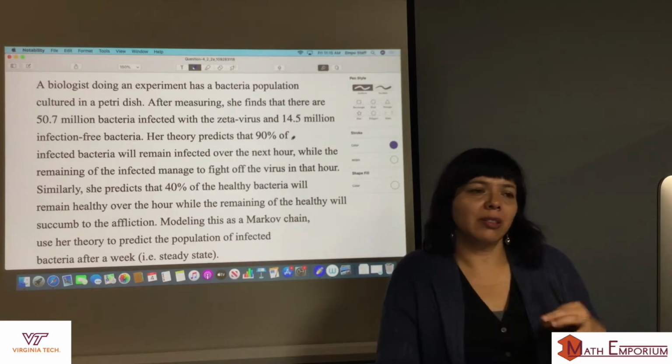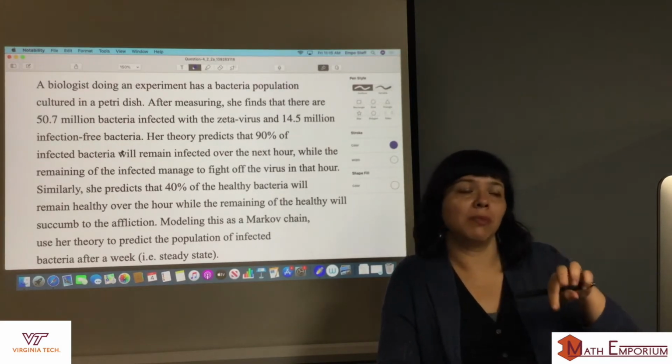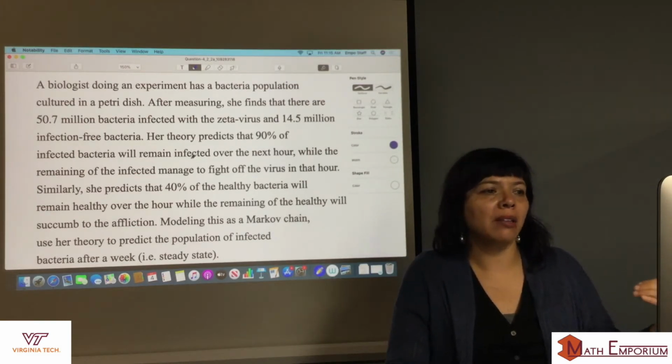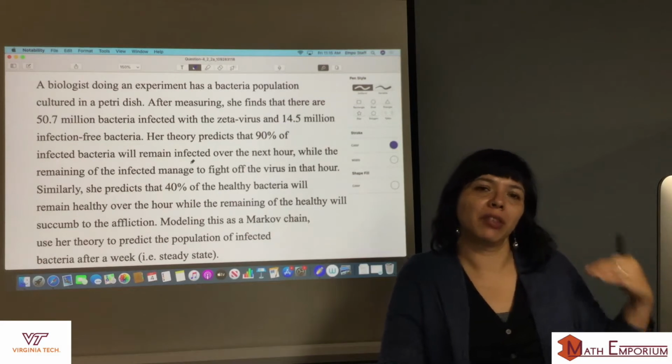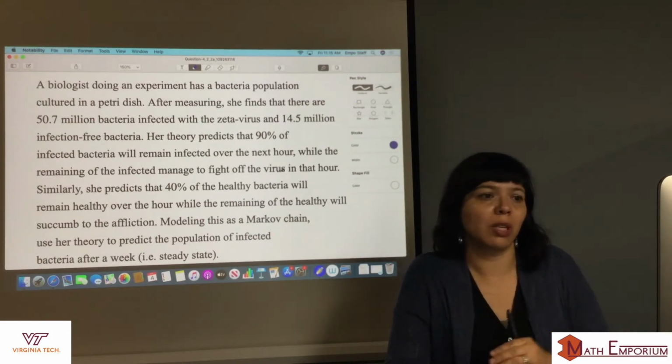So according to the theory, 90% of the infected bacteria are going to keep infected, the remaining will recover, and out of the healthy bacteria, 40% will get infected, and the remaining 60% are going to recover.